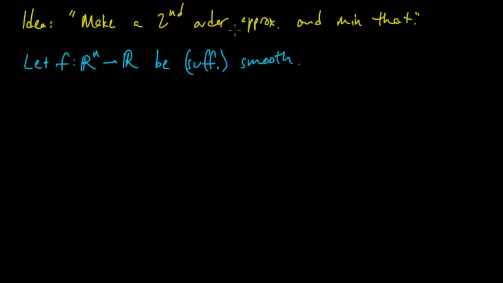Then, to make a second order approximation, the thing that we always do when we make a polynomial approximation to a function is we use Taylor's theorem. So Taylor's theorem tells us that f can be approximated.